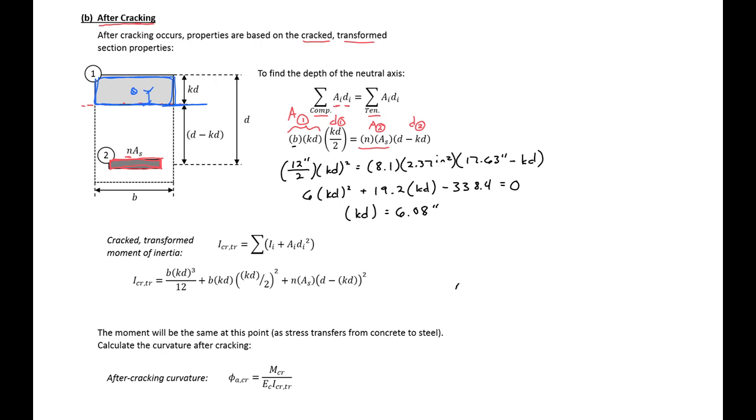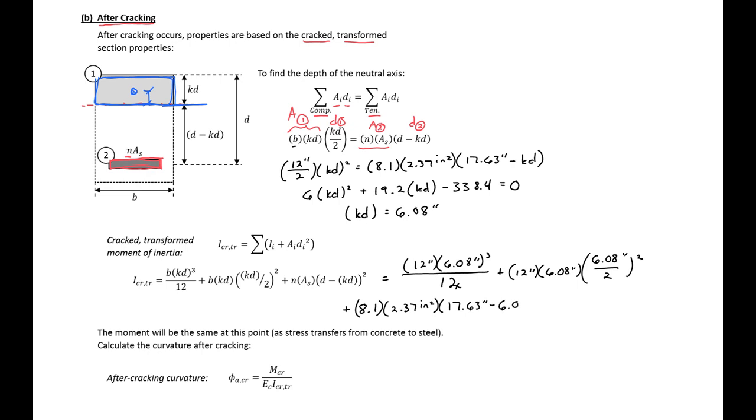So we can find our I cracked transformed then to be equal to 12 times 6.08 to the third divided by 12, plus 12 times 6.08, the area of our region 1, times 6.08 over 2 squared, and then add in our 8.1 times our steel area, and then times 17.63, our d minus 6.08, squared.